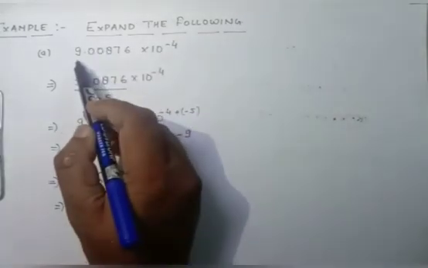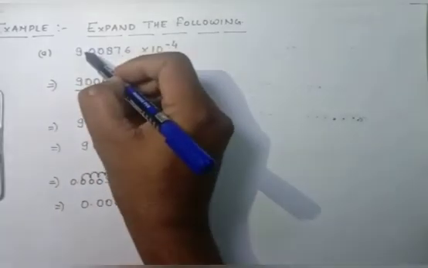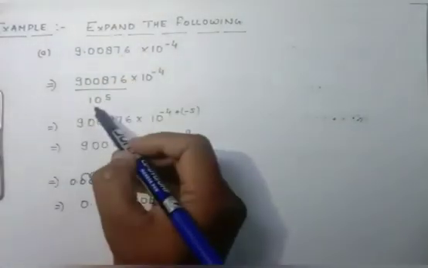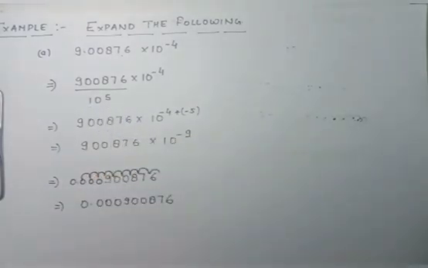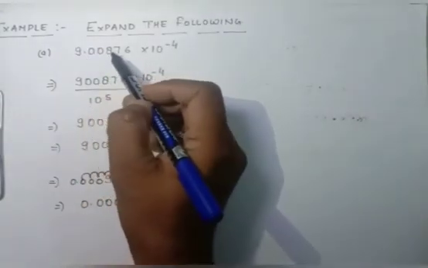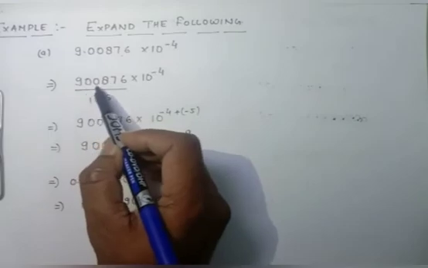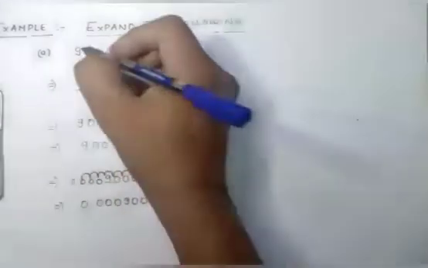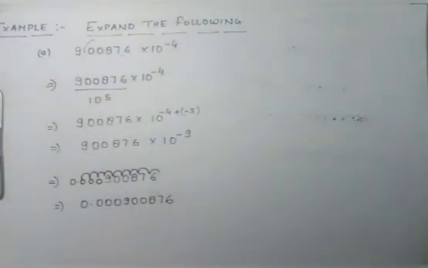The first thing you have to do is remove the decimal from here. If I am going to remove the decimal, how many zeros am I going to add? 1, 2, 3, 4, 5. So 9.00876 upon 10 to the power 5. From here I have removed the decimal.